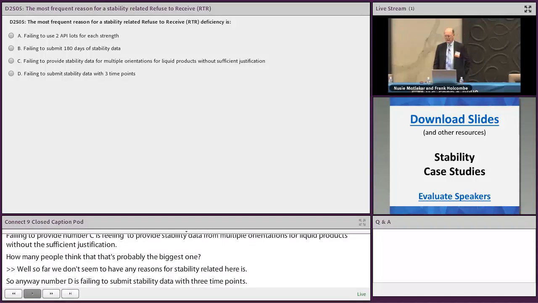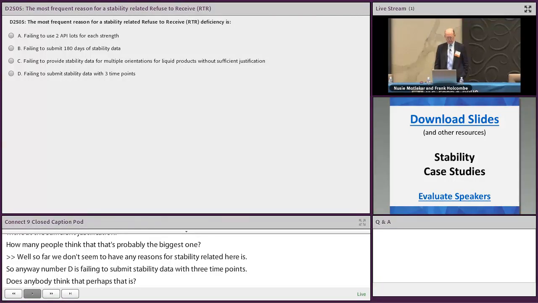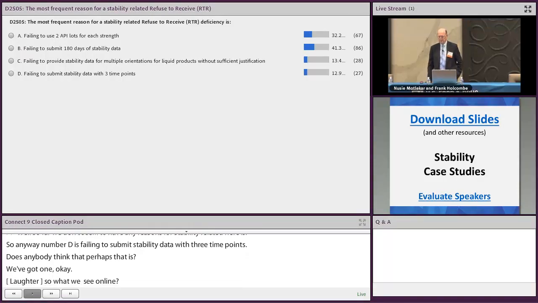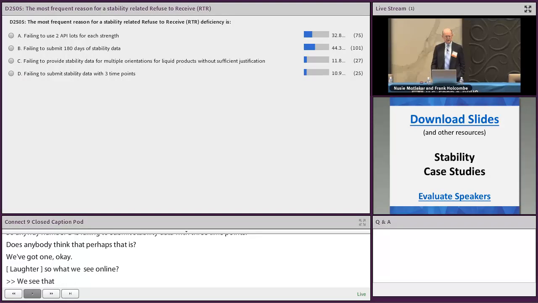Okay. So what do we see online? We see that B pulled out to a lead here. Oh, yeah, that's a pretty good lead. And they win the refrigerator, I guess, is how you'd have to say this, because B is the reason.